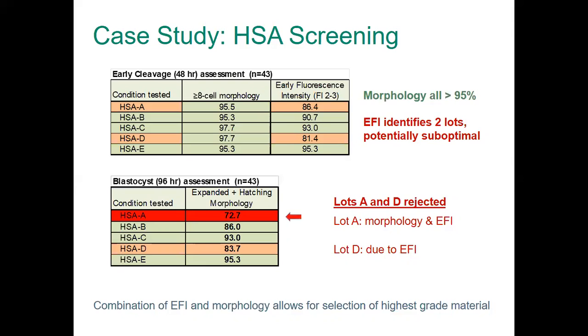So this means, just as shown by EFI at 48 hours, these two lots are potentially suboptimal, but we could judge it from just 48 hours. So the combination of EFI and morphology allows for selection of the highest grade material.